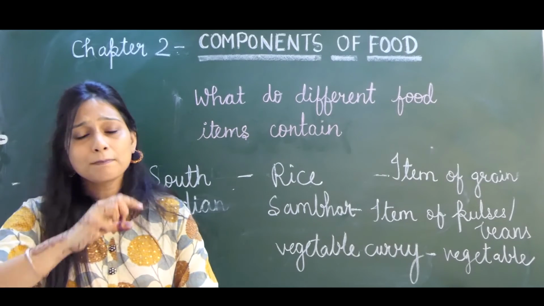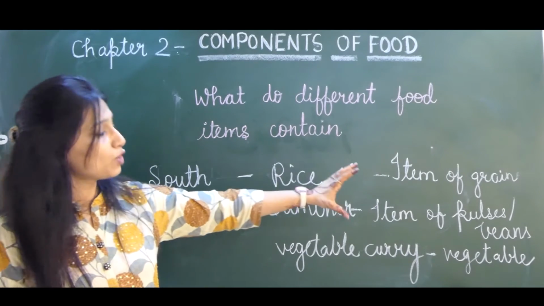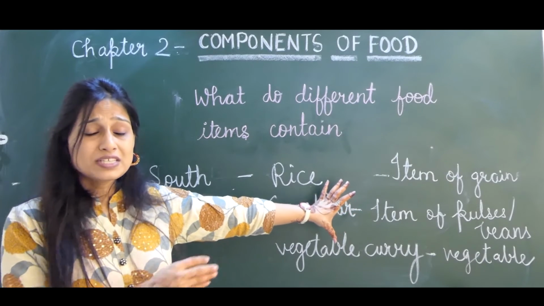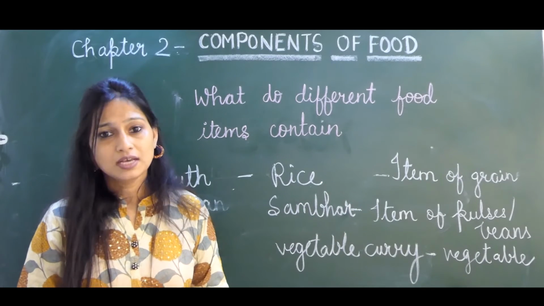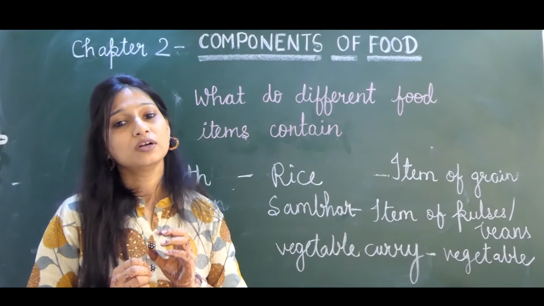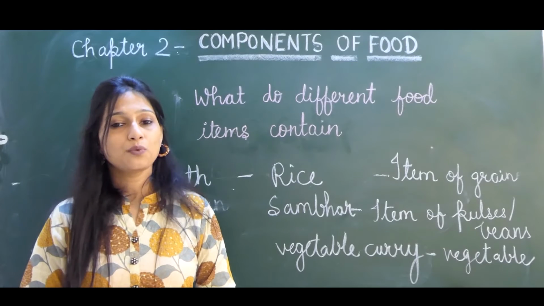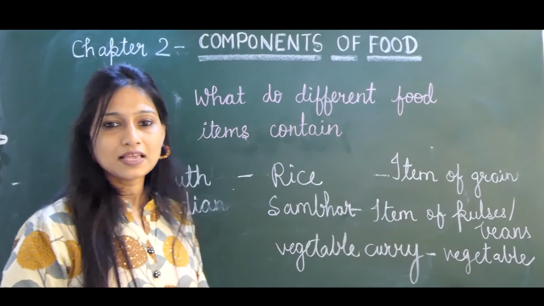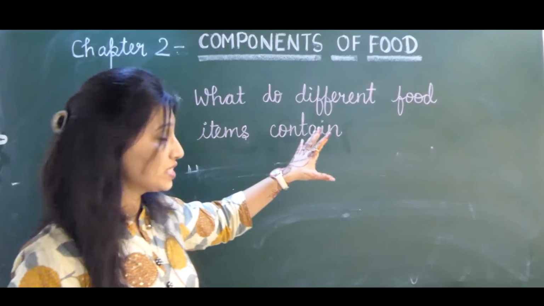So the components of the food which are present in the food items, which are necessary for our body to grow, to function, which are necessary to provide energy to our body, are called nutrients. So here comes our first keyword for this chapter, which is nutrients. So we got the answer to our question.